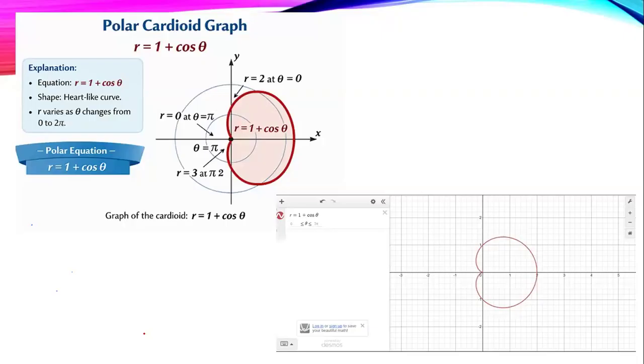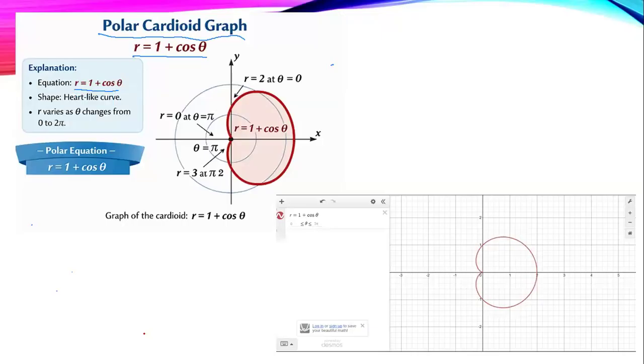Yes, so we have a polar cardioid graph, and we have an equation there: r is equal to 1 plus cos theta. So let's go through the explanation. We have our equation, as mentioned before.